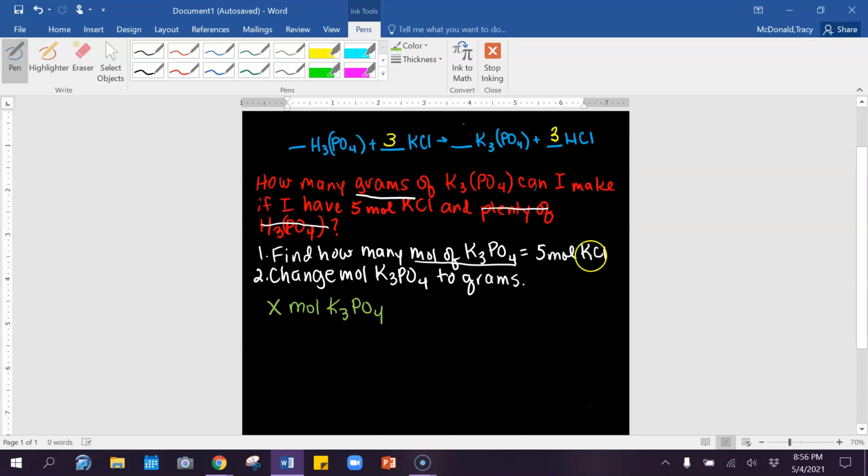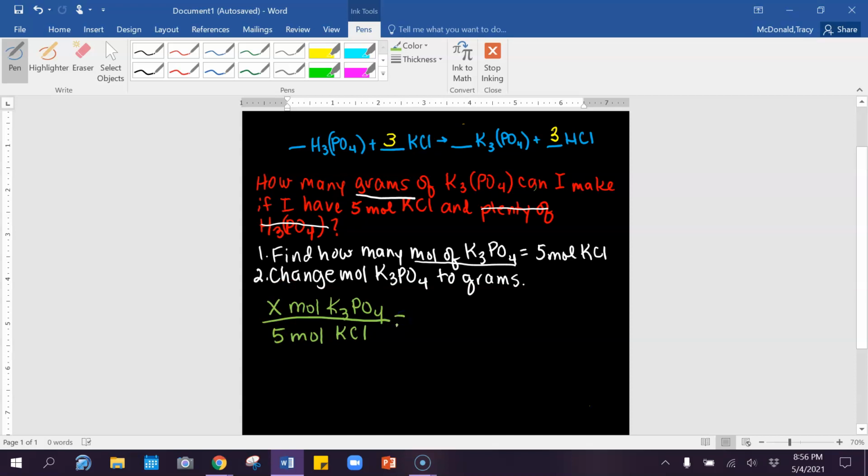So I'm going to make that equal to 5 moles of potassium chloride. And so I just got these numbers and the variable directly from my problem.